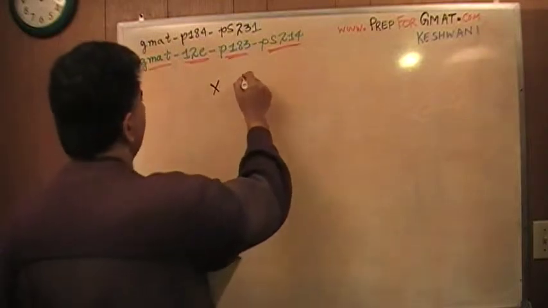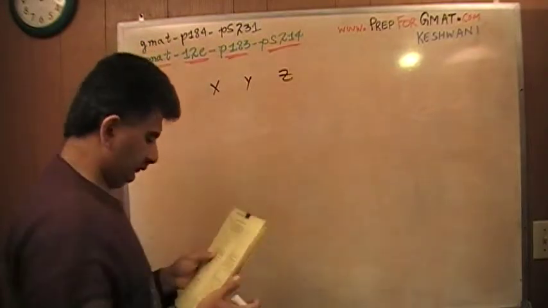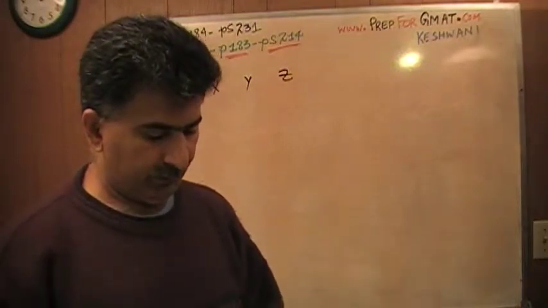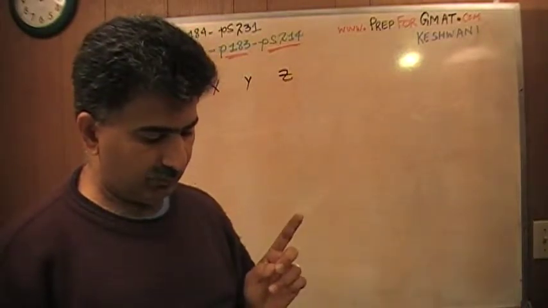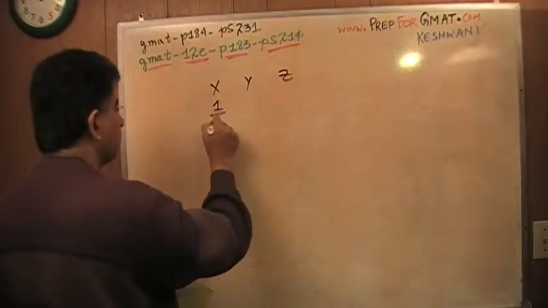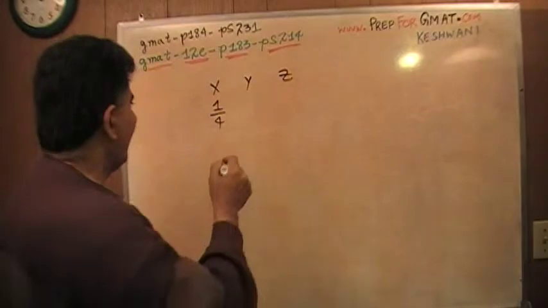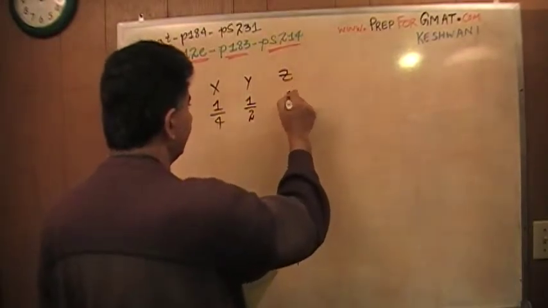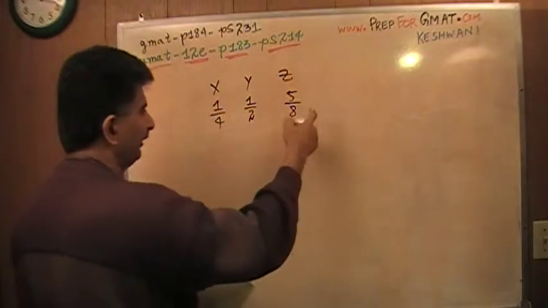X, Y, and Z each try independently to solve a problem. If their individual odds of success are 1/4, 1/2, and 5/8, these are their odds of being successful.